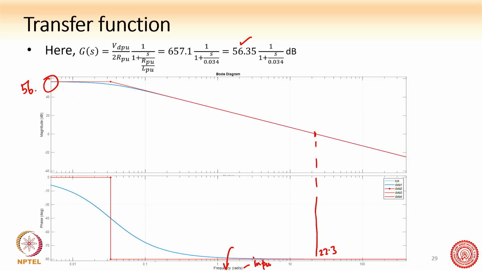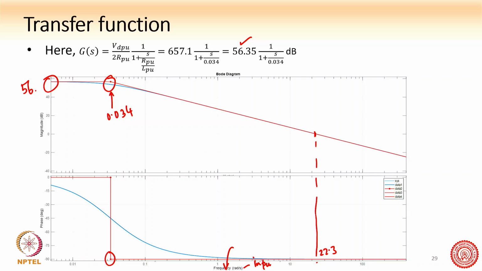Okay, so I have plotted in MATLAB, and I could just plot it this way only. So therefore this value is 22.3 in per unit, and here you can see this is the pole, and the pole is at 0.034 per unit, radian per second.